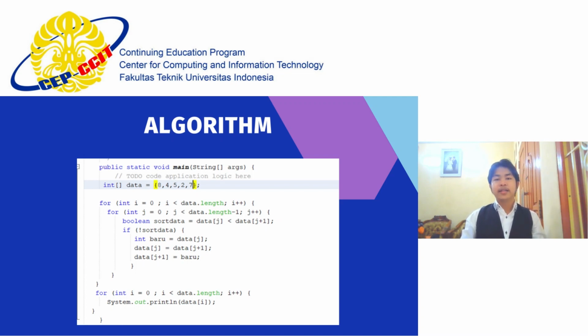We declare if data J is less than data J plus 1. If the sort data is new, data J becomes data J plus 1, and data J plus 1 becomes the new value. It swaps because data J and data J plus 1 happen, and swap if the number is less than data J plus 1.